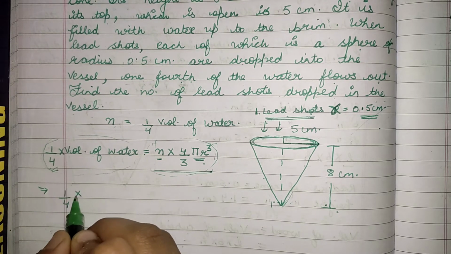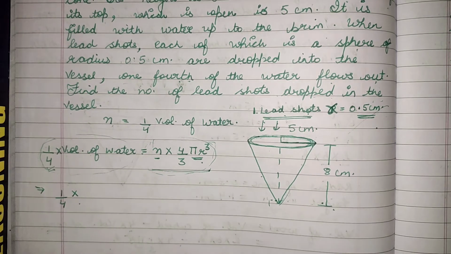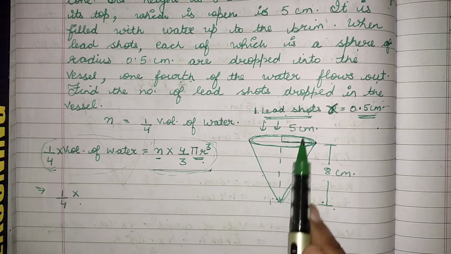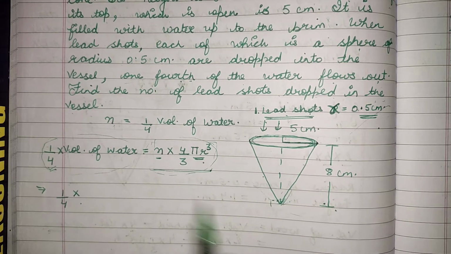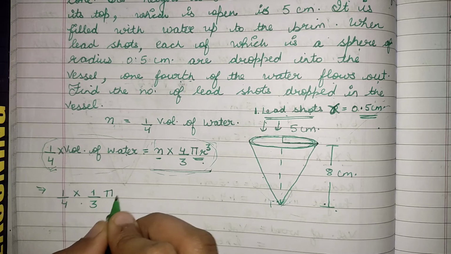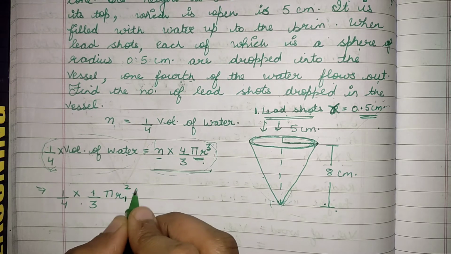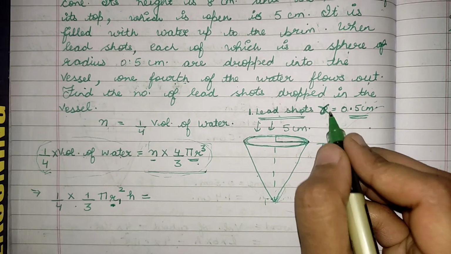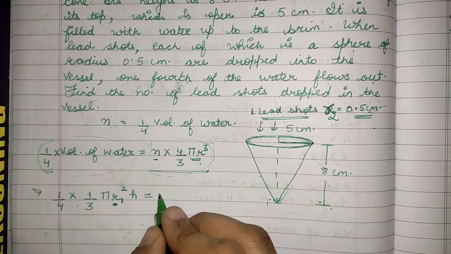You just need to put the values in the formula. The water is in the solid of a cone, so the volume of the cone is given by 1/3 pi r square h. R1 is the radius of the cone and R2 is the radius of the lead shots.